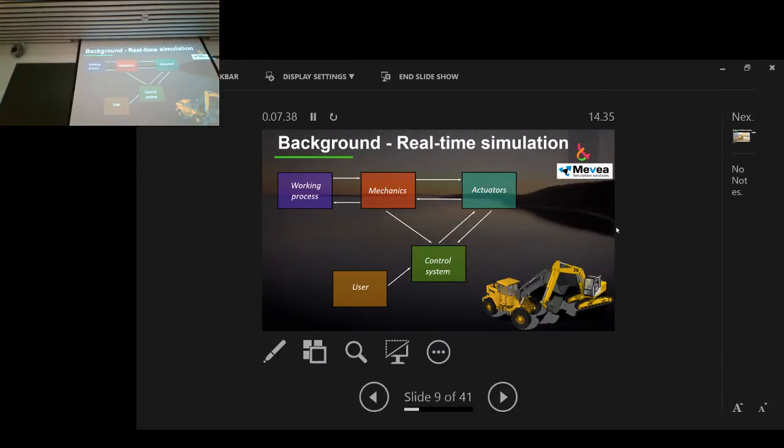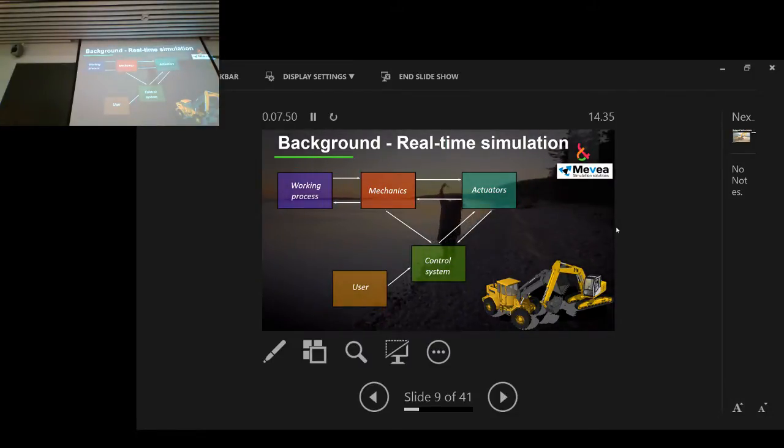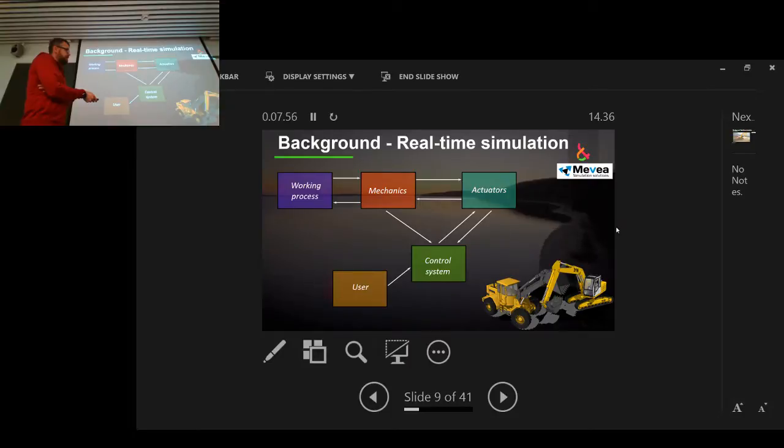Okay. Now let's step into the details a bit. So, what are the ingredients that must be in place when you're running physics-based real-time simulation models? Let's say that you have an excavator or some other machine. You want to solve how its dynamic responses are, how it behaves in real life.